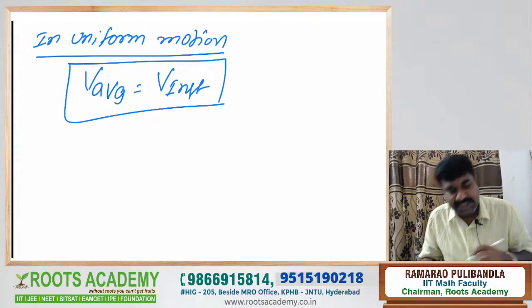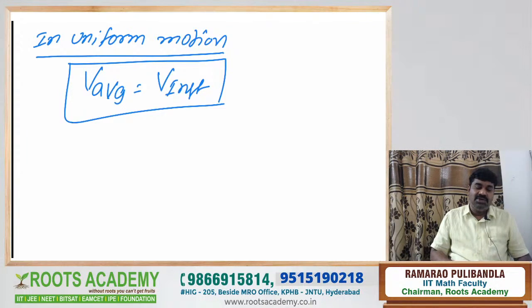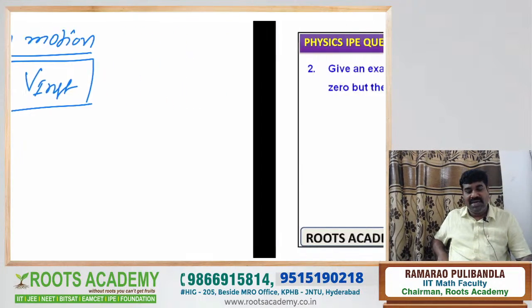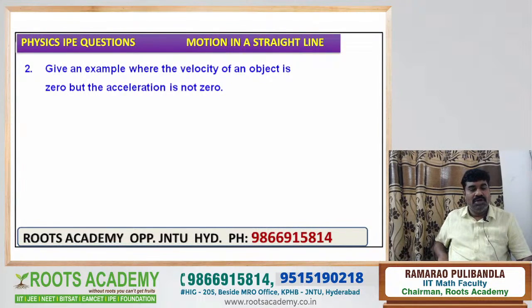In all other conditions, those are not equal, but in uniform motion, the average velocity is equal to the instantaneous velocity. This is about the instantaneous velocity and the average velocity. Now we go for the next question.